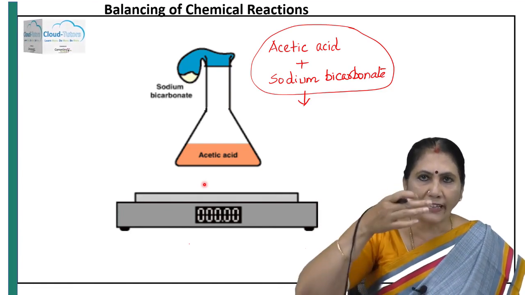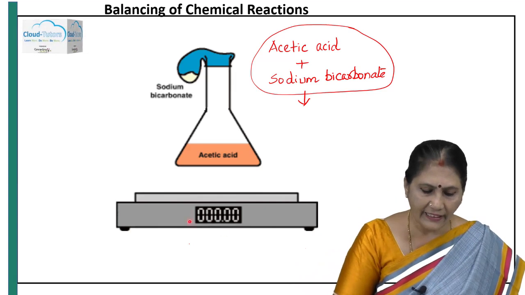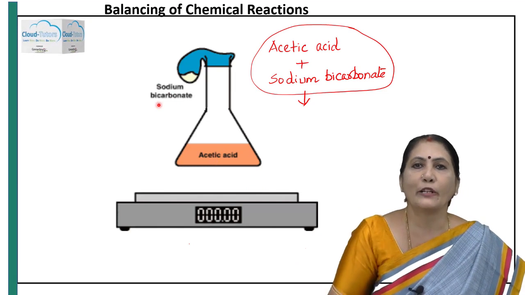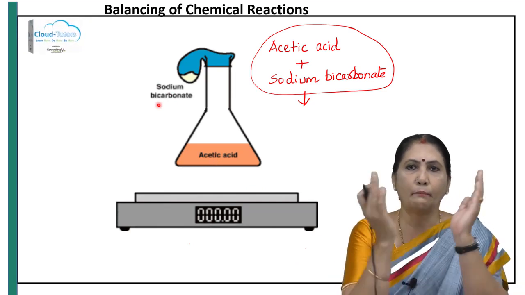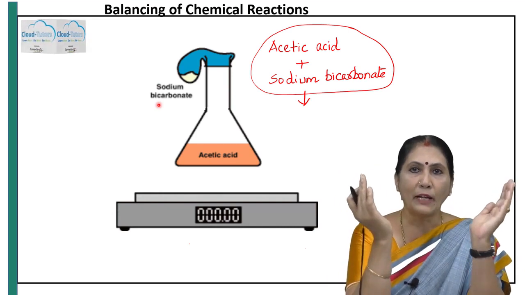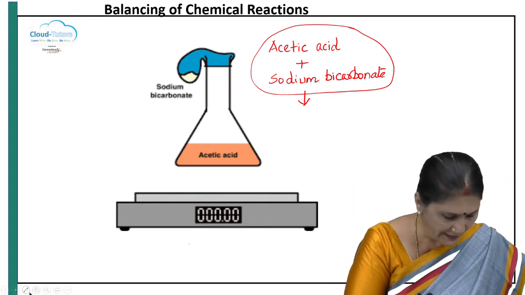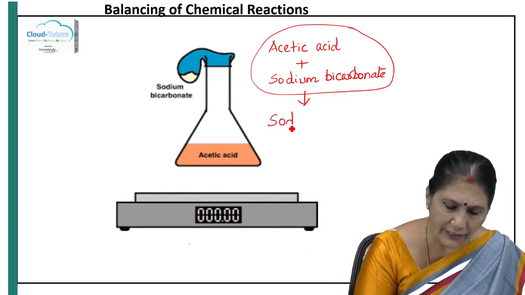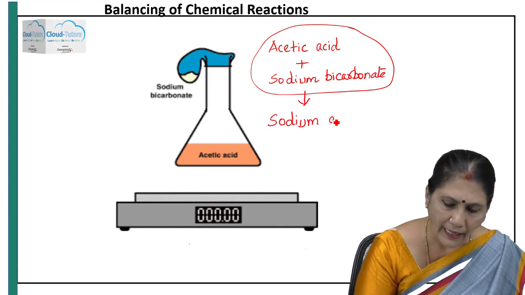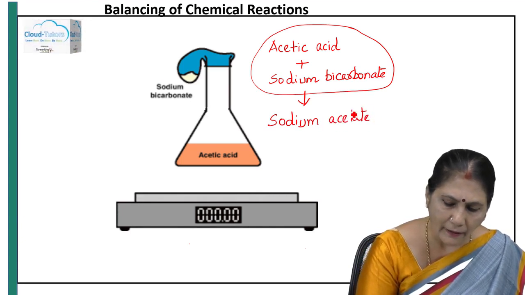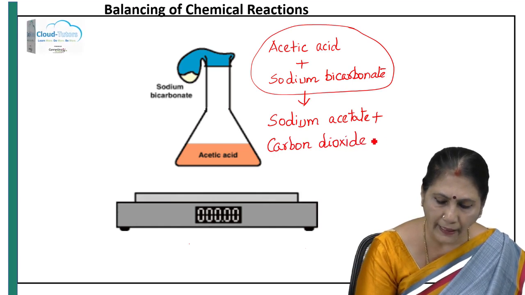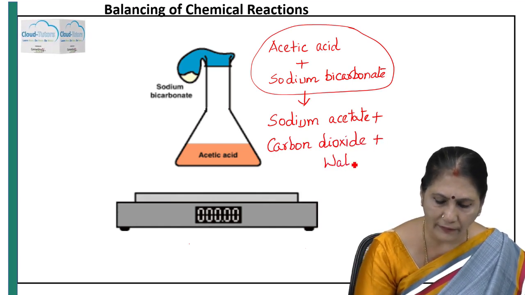Now, once the conical flask is placed in the digital balance, the reaction will start taking place between acetic acid and sodium bicarbonate. Then immediately the balloon will start getting blown up because the chemical reaction is resulting in the formation of the salt called sodium acetate plus carbon dioxide plus water.